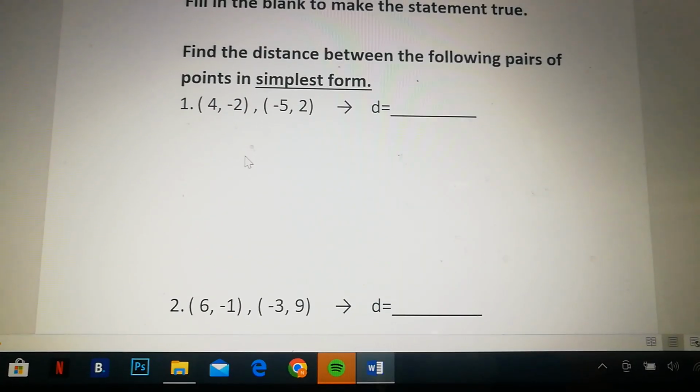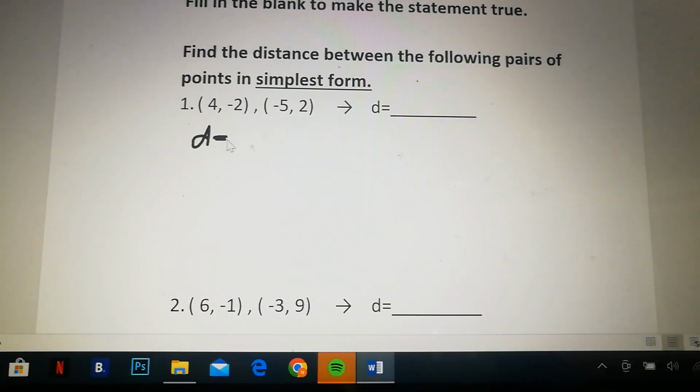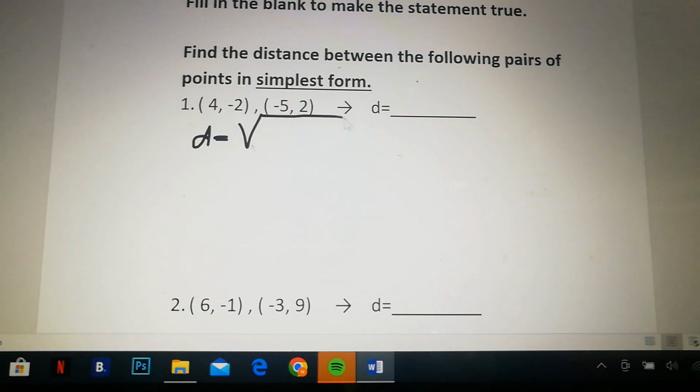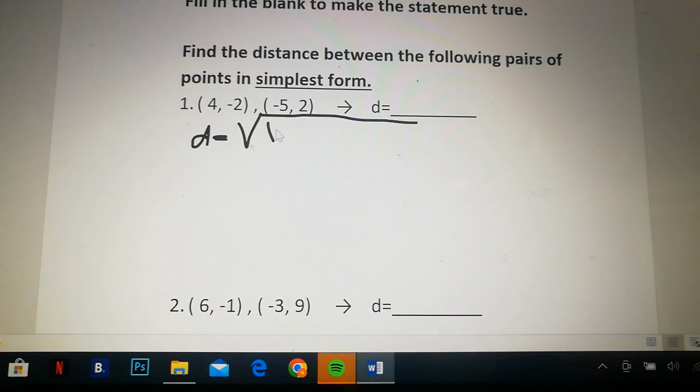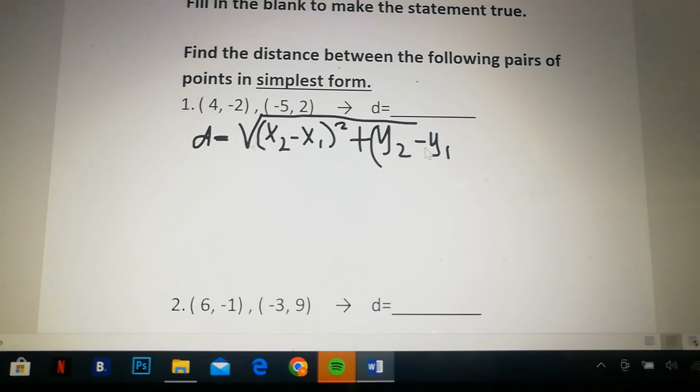Distance is equal to the square root of x sub 2 minus x sub 1 squared plus y sub 2 minus y sub 1 squared.